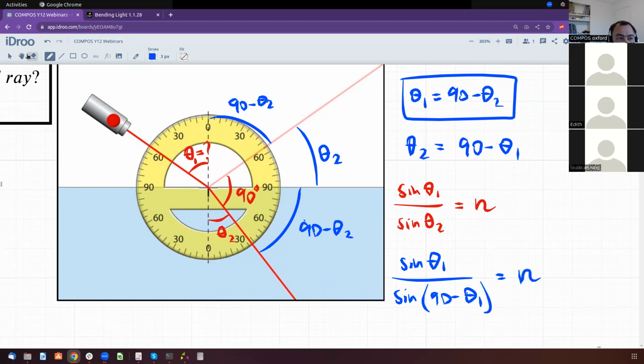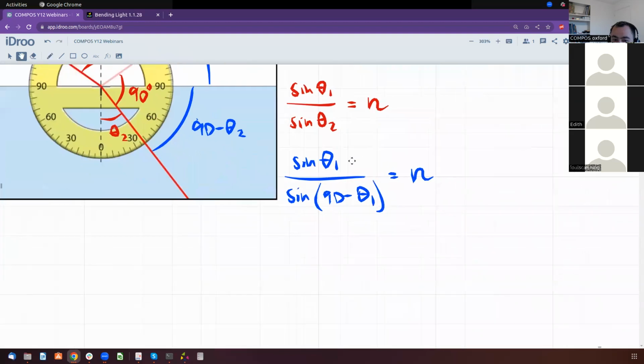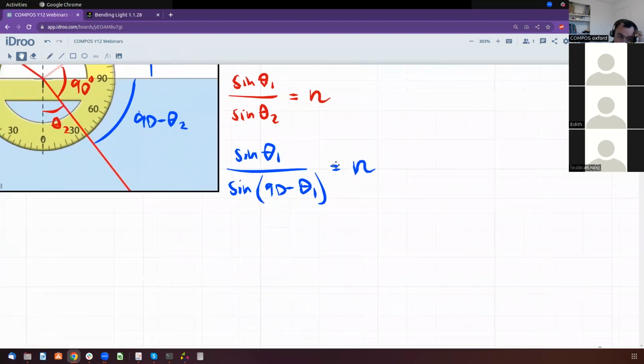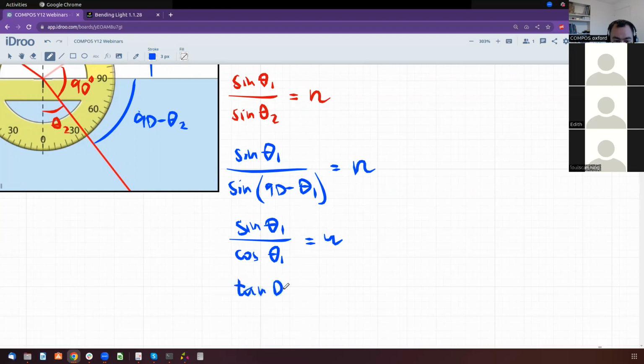And what is sine of 90 minus theta 1? Can somebody help me? Cos theta, of course. So it's going to be sine theta 1 divided by cos theta 1 equals n. So tan theta 1 is equal to n.